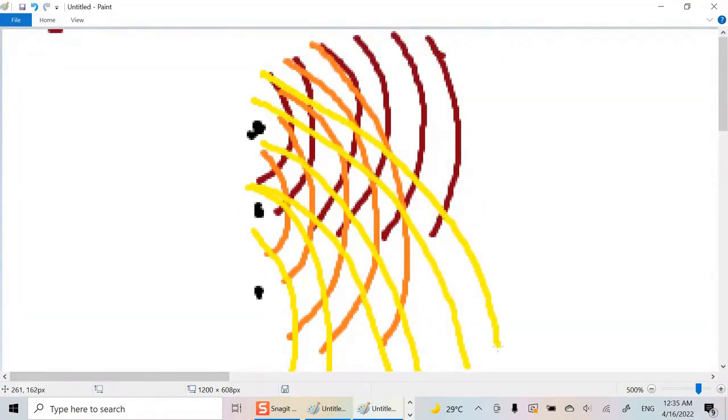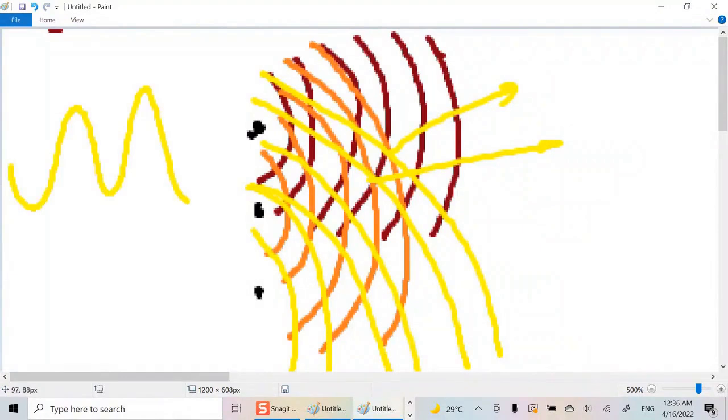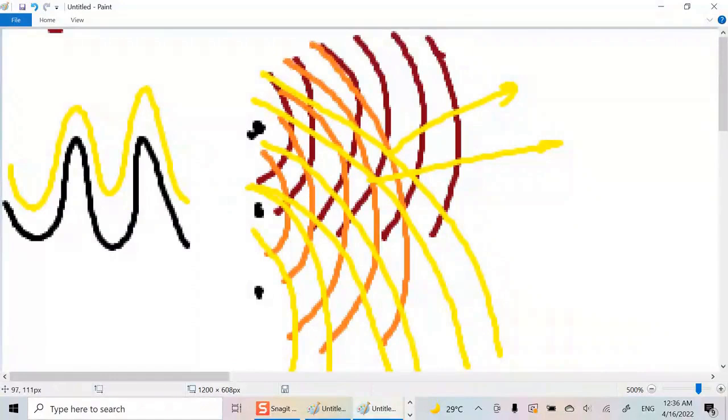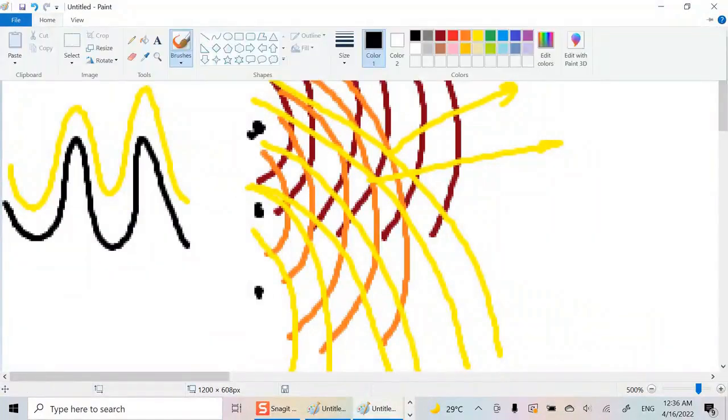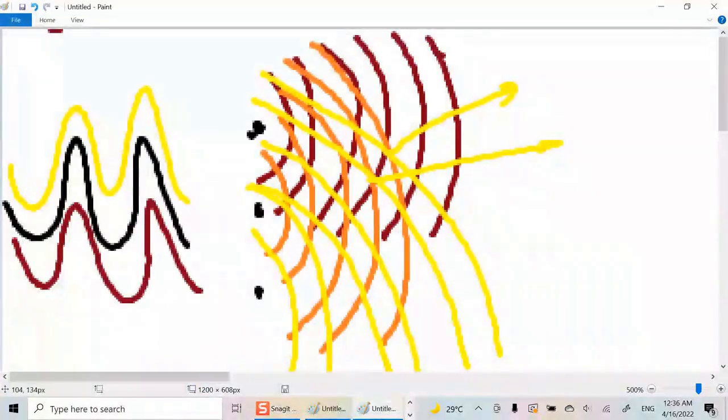There is interference at this point, which is the intersection points between the pulses. When the first signal comes with this shape, and the second and the third signal come with this shape, I call this constructive interference.